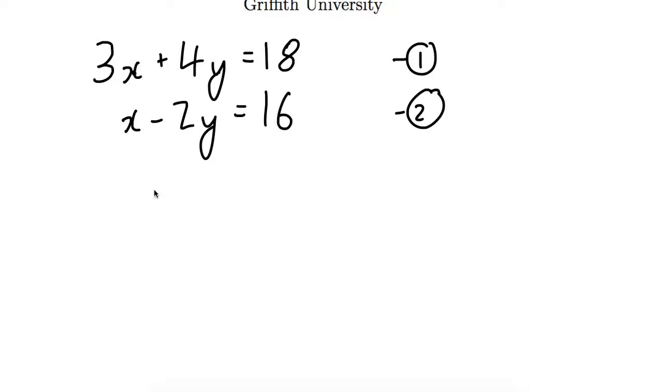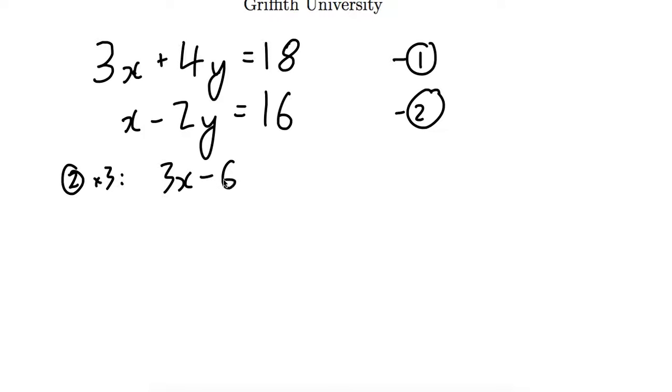We're trying to eliminate either x or y and leave the other one alone. So we could multiply equation 2 by 3. Let's do it that way first. So we'll leave equation 1 alone for the moment, but we'll do equation 2 and multiply everything in that equation by 3.